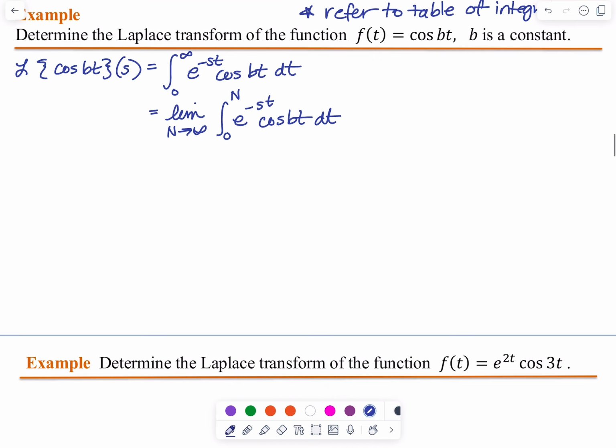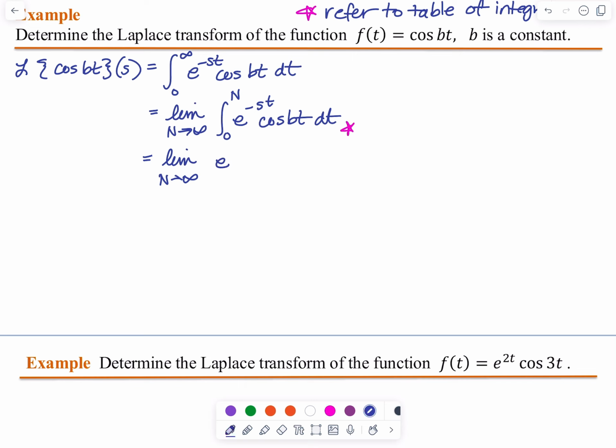And now we have that that's equal to the limit as n approaches infinity. And here we are going to be using the table. So I'll go ahead and put that right there.